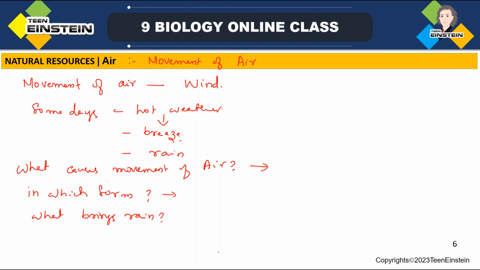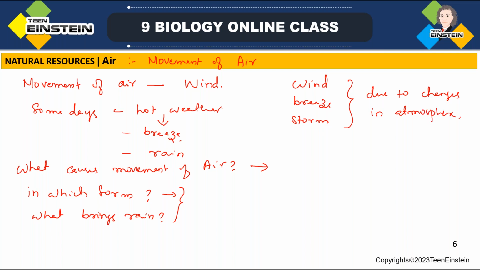Okay, so all these phenomena, whether storm or wind or breeze, whatever it may be, are a result of changes that are taking place in our atmosphere. So if it is a wind, breeze, or storm, all these are due to changes in the atmosphere.